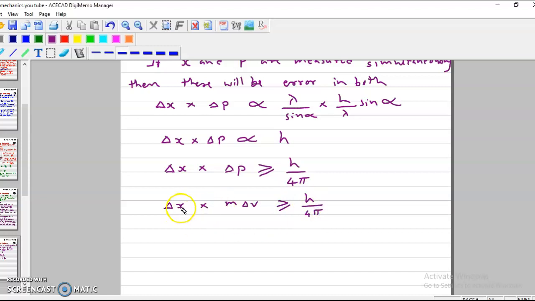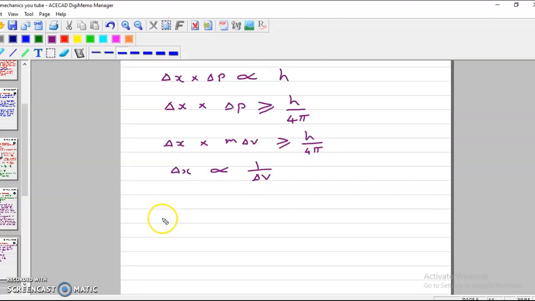So if you put delta X on the left side and delta V on the right side, we can say that delta X is proportional to 1 upon delta V. So either you measure X or V, but you can't measure both simultaneously.